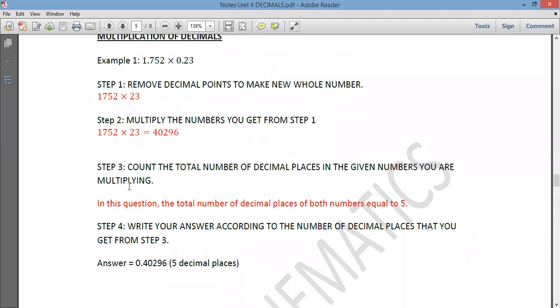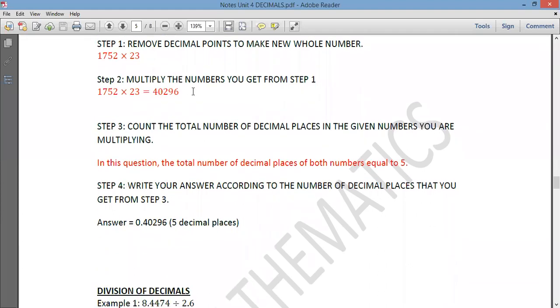Then step 3, you have to calculate the total number of decimal places in the given numbers. Going back to the question, 1.752 has 3 decimal places: 1, 2, 3. The second number, 0.23, has 2 decimal places. So the total decimal places of this question is 3 plus 2 equals 5.